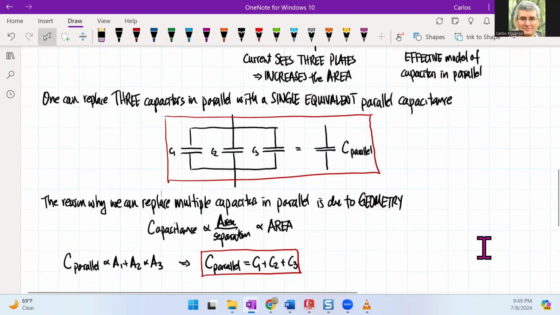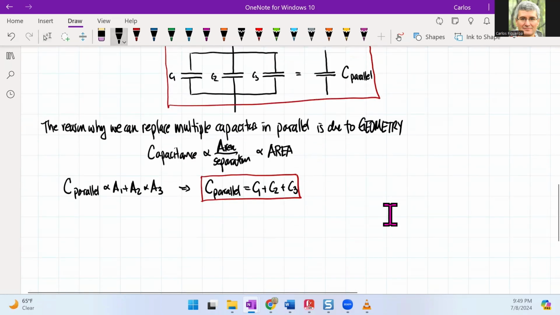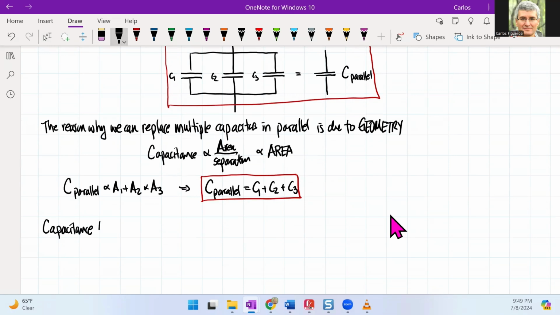And so what you can see here is that capacitance increases just like area when added in parallel, because they increase area.